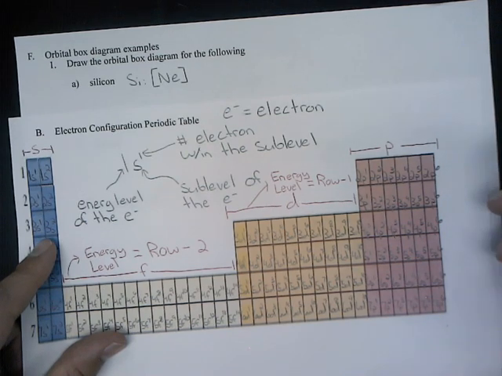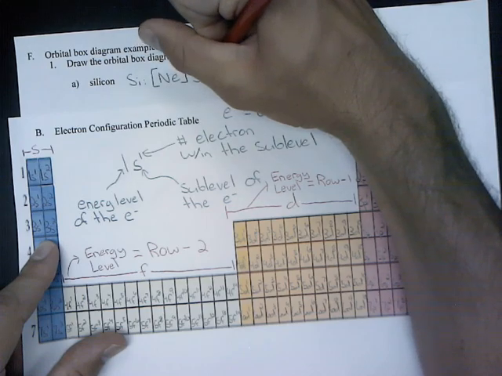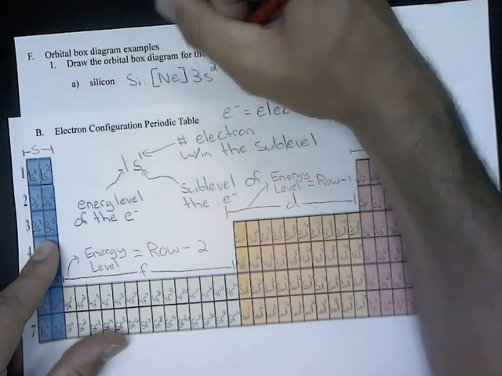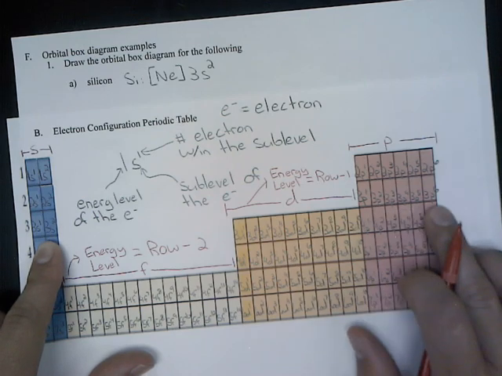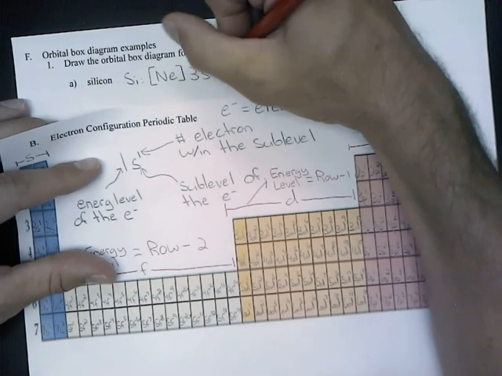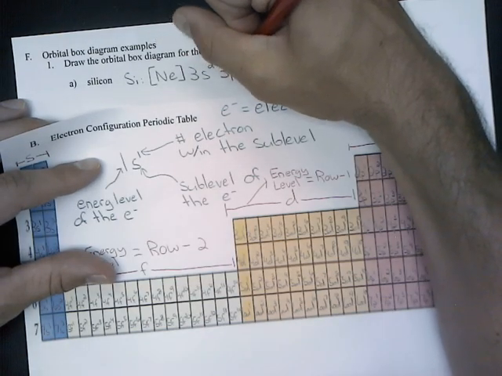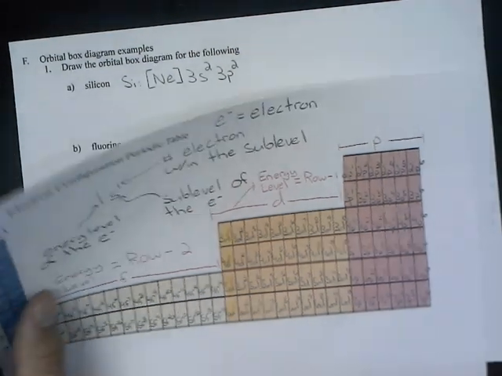We ask ourselves, is silicon in that 3s level? No, we need all of those electrons, so 3s2. Then we ask, is silicon in one of these boxes here? Yes, it's the second box in the 3p level, so we represent 3p2.